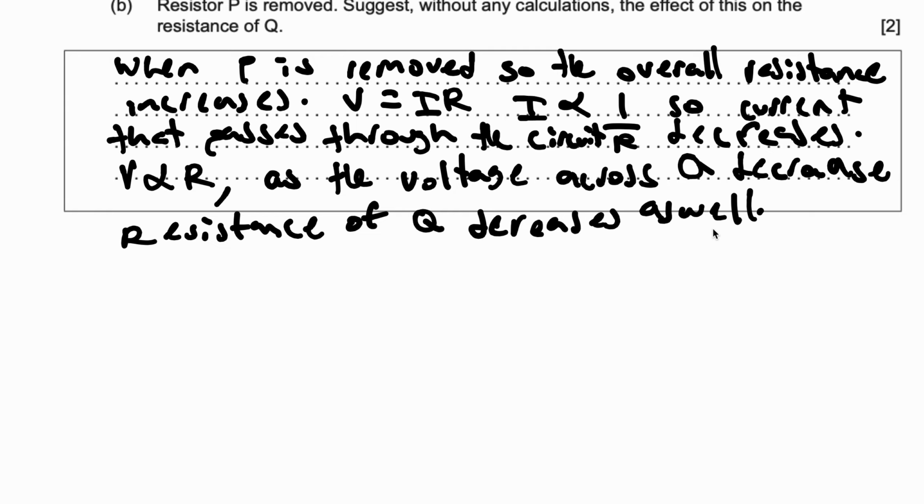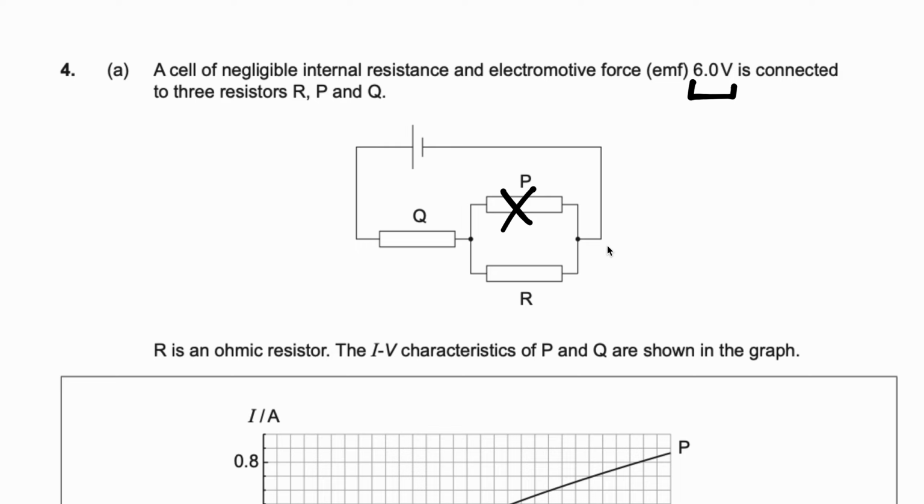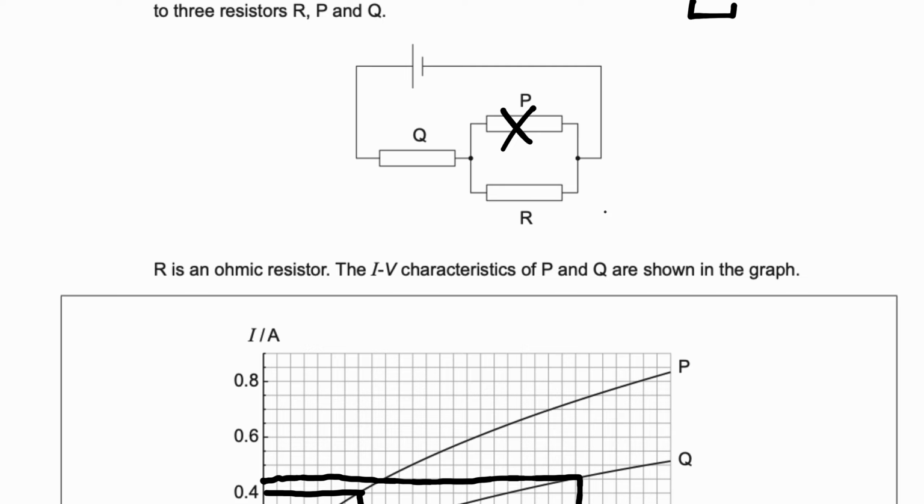So to simply wrap it up just in words, this is how it works. When I remove P, I remove this alternate pathway for this parallel connection, so the overall resistance in the circuit is increasing. I know from V is equal to IR that the current is inversely proportional to the resistance, and so when the resistance increases, the current that passes through the circuit decreases.